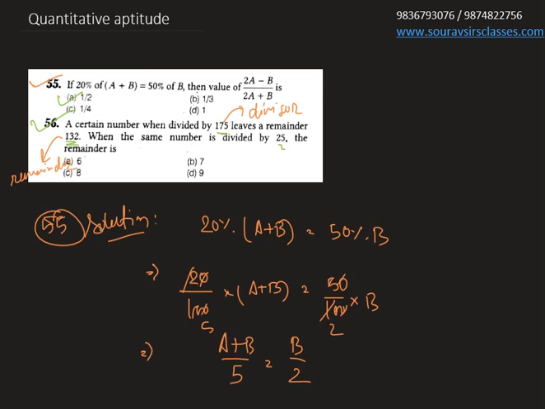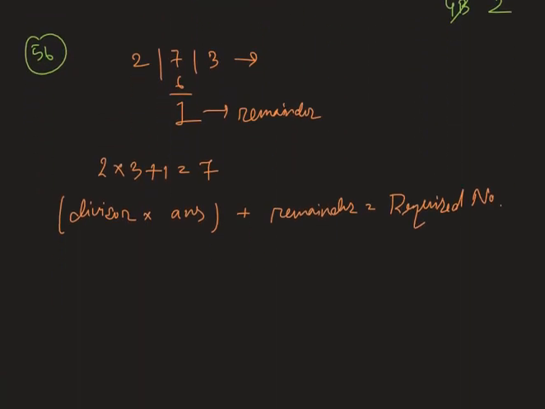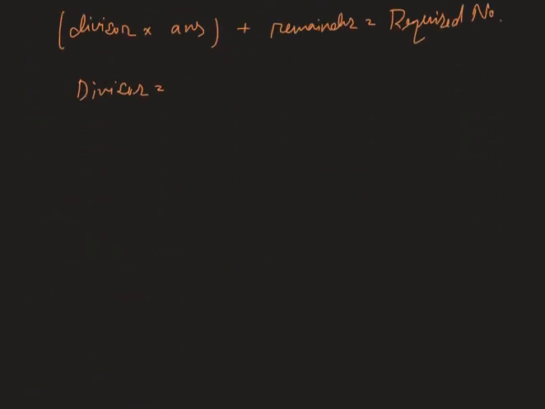Now we can write that the divisor is 175 and the remainder is 132.